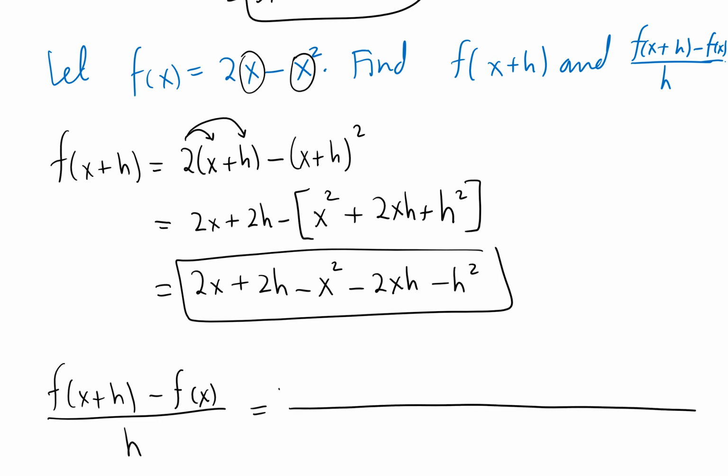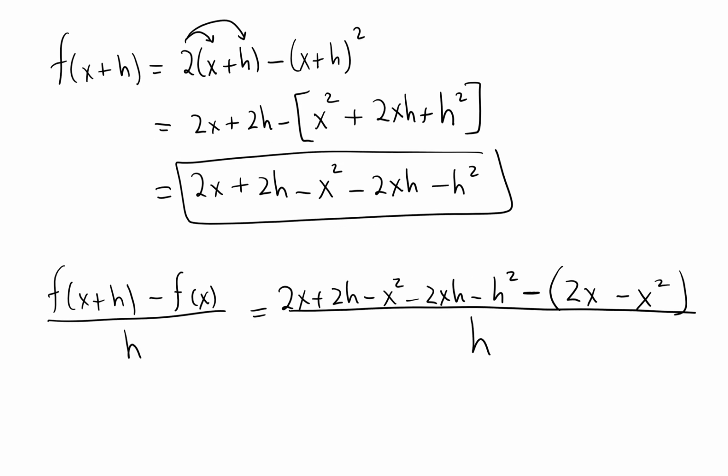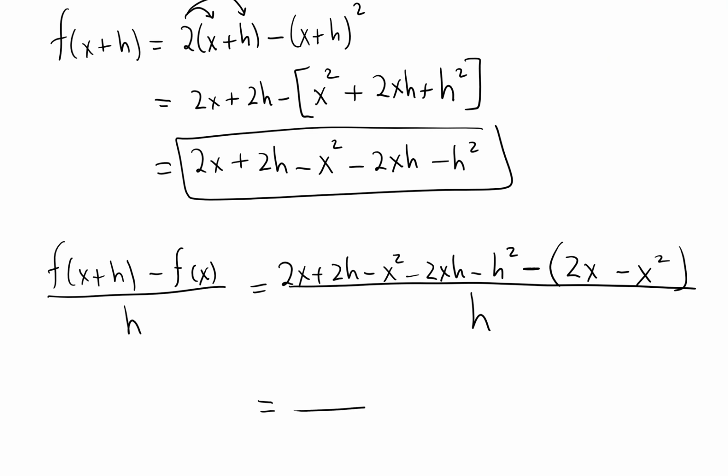F of x plus h is 2x plus 2h minus x squared minus 2xh minus h squared, minus the function, which is 2x minus x squared, all over h. So this stays the same. I need to clean up the parentheses at the end by multiplying; there's a -1 here.